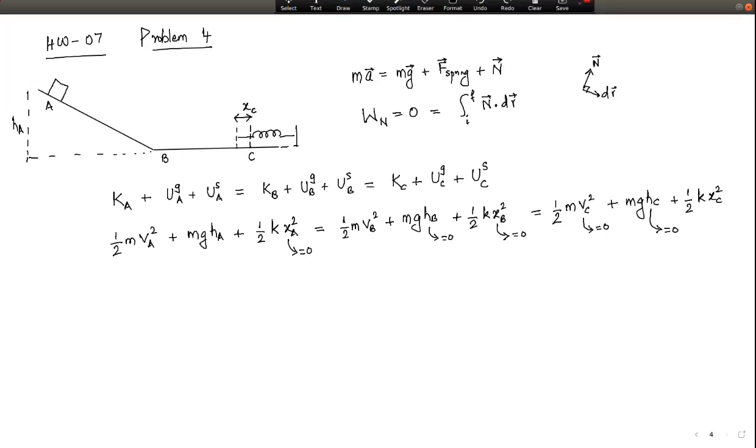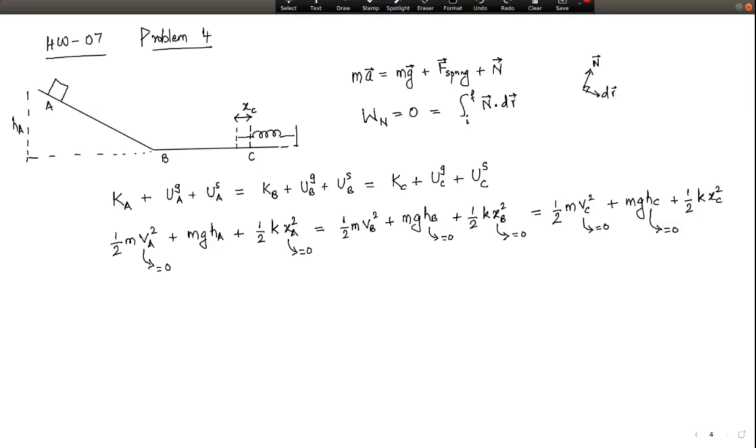The mass is given to be starting from rest at point A. That also allows VA to be equal to 0. So out of 9 terms here, 6 terms are equal to 0.